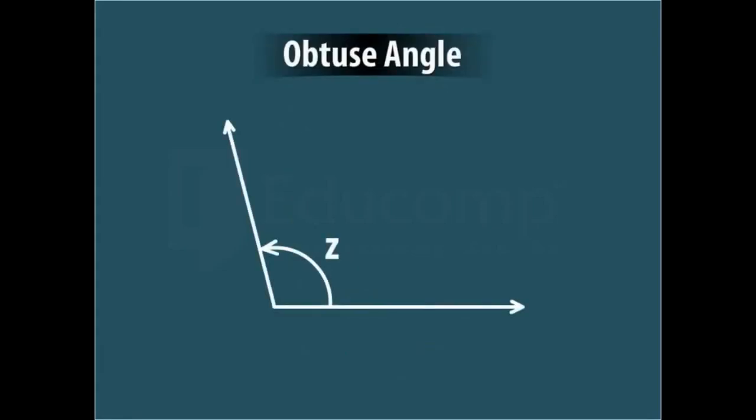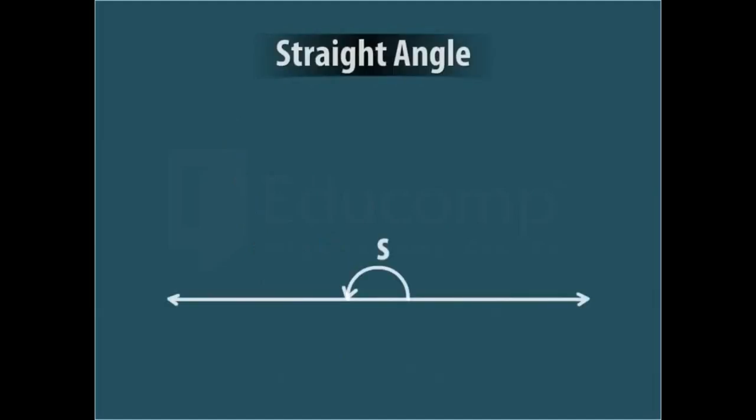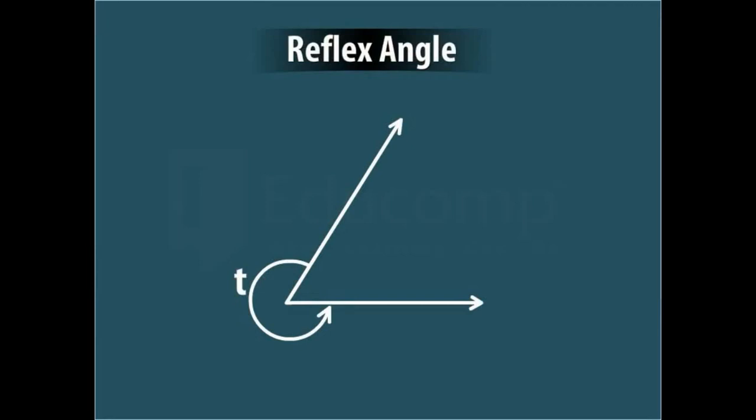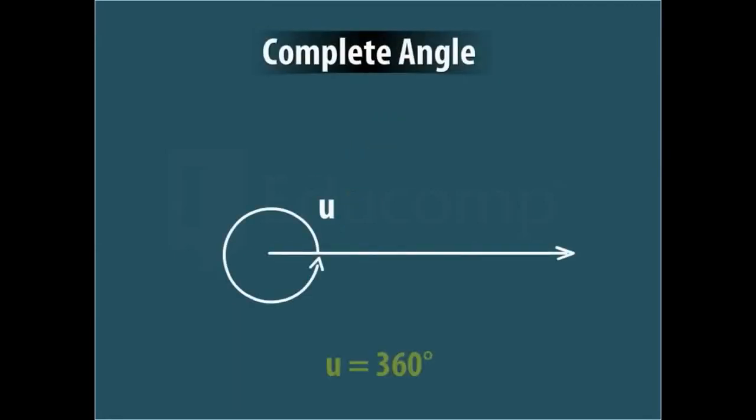An obtuse angle measures between 90 degrees and 180 degrees. A straight angle measures exactly 180 degrees. A reflex angle measures between 180 degrees and 360 degrees. A complete angle measures exactly 360 degrees.